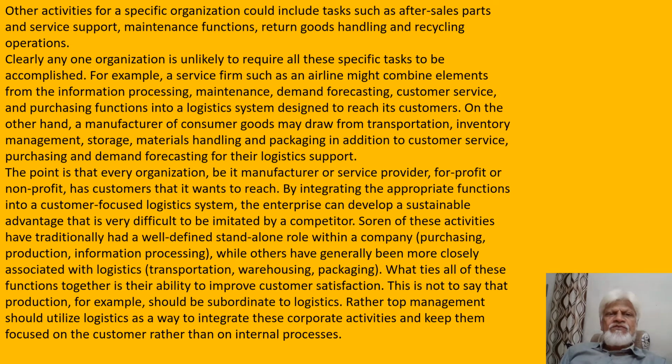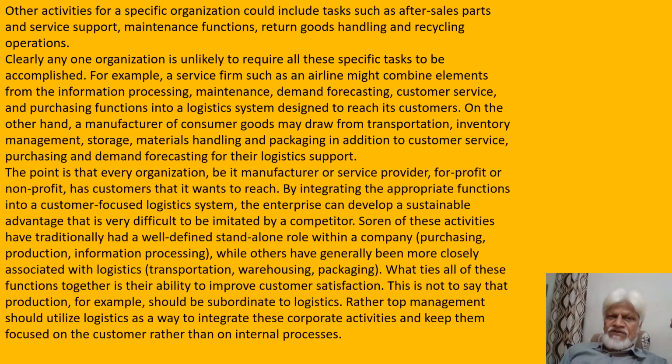The objective of a specific organization could include tasks such as after-sale parts, service support, the maintenance requirement, returning of certain goods, and recycling operations. Any organization unlikely requires all these specific tasks.